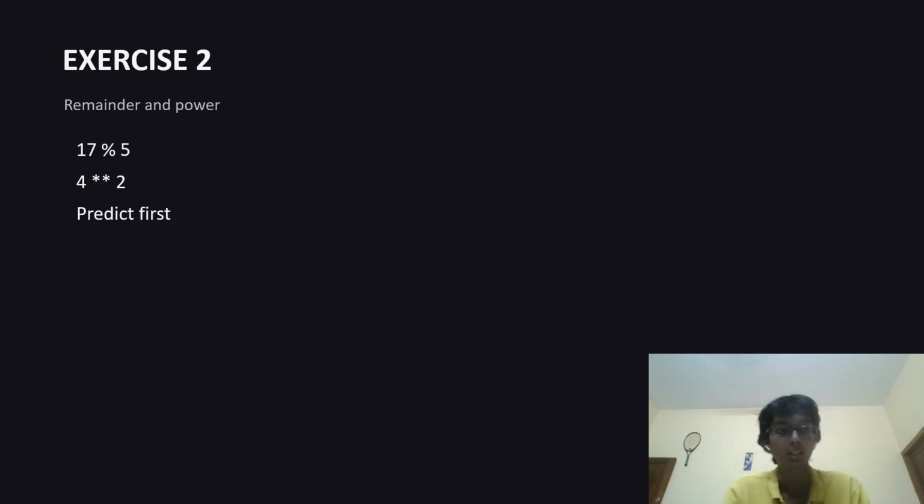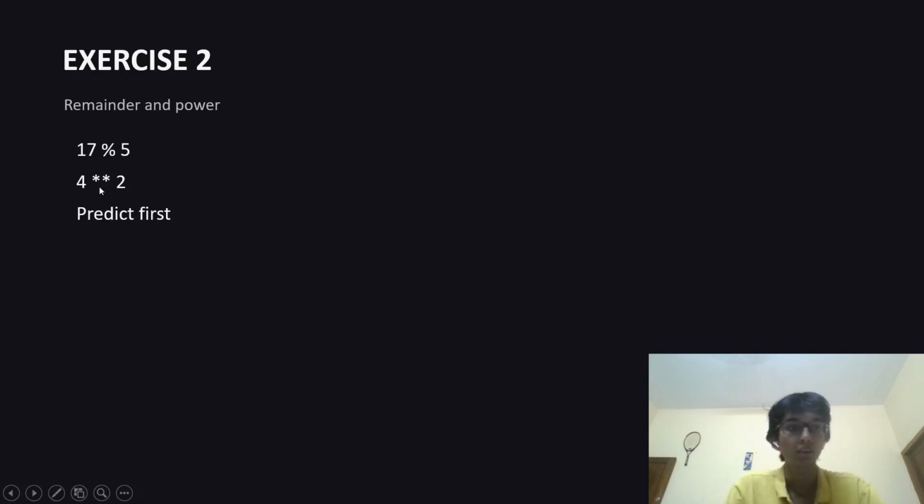Time for exercise number two. Hello guys, we have to find the remainder and power: 17 percent 5, which is 17 modulus 5, what's the remainder, and 4 squared. First, 17 divided by 5: 5 threes are 15, which leaves a remainder of 2. So the first answer here is going to be 2.